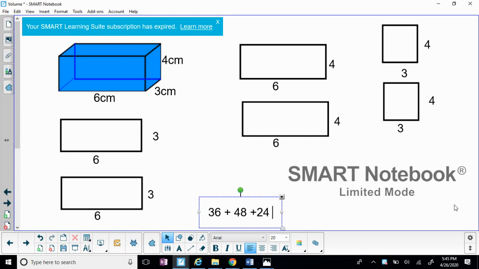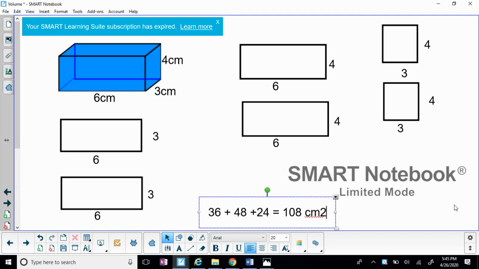Okay? And if we were to use our calculator like I'm doing right now, just to be sure, we go to our calculator and add up 36 plus 48 plus 24, we would get 108 centimeters squared.